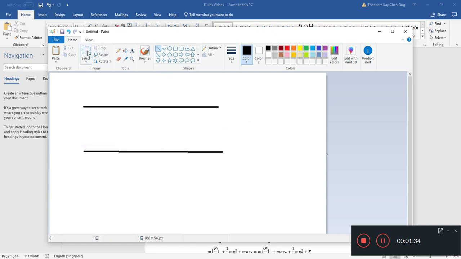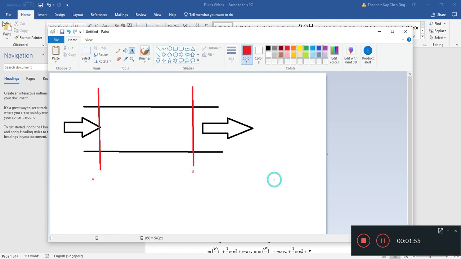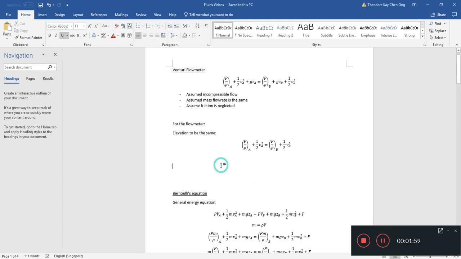There will be flow coming in here and exiting out here. It'll be the same flow, and we'll have 2 points, point A and point B. Let's use Bernoulli's equation to talk about these points.